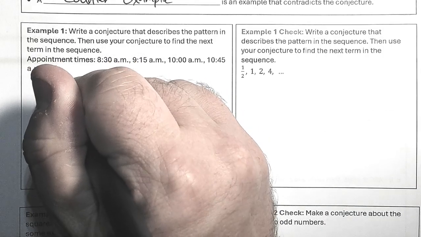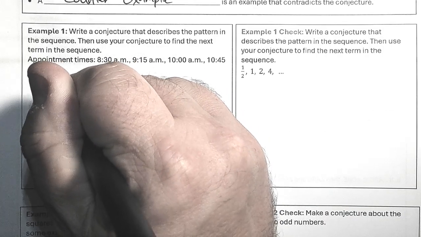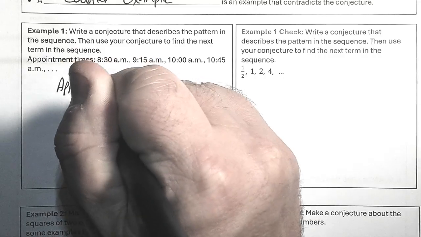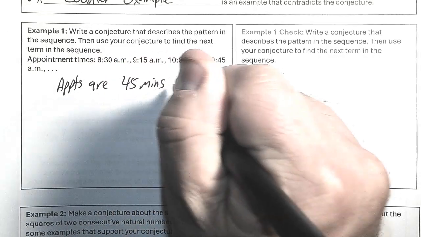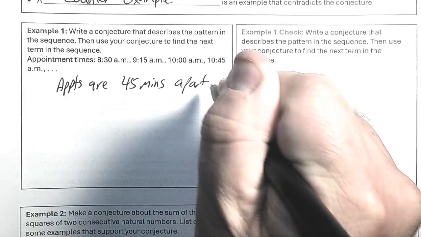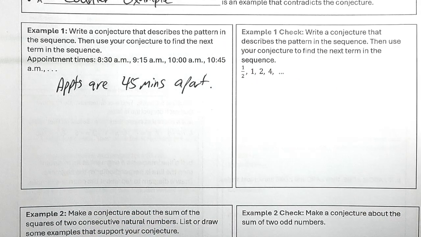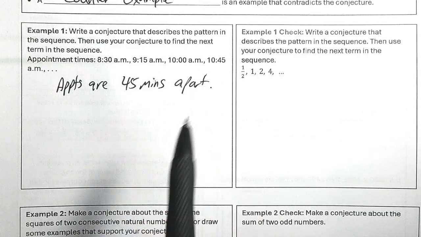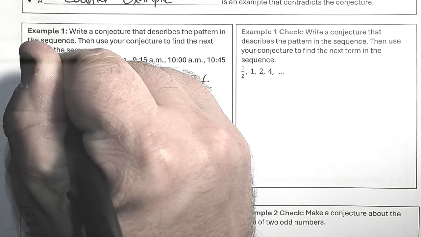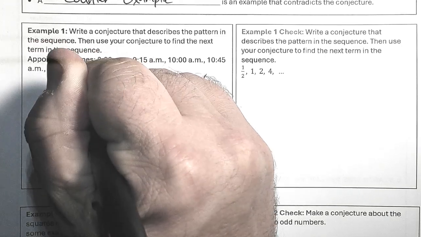So our conjecture would be that appointments are 45 minutes apart. Okay, so based on that conjecture, what would be the next term in the sequence? So 10:45, you add 45 minutes to 10:45, and you're going to get 11:30.